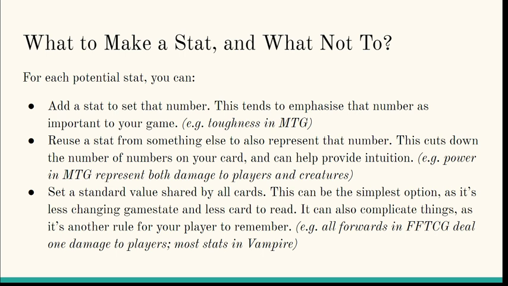And you often really only want about 2 to 4 numbers, which is about the right range for how many different numbers you want on a card, right? Like FFTCG has 2. Star Wars TCG has a lot. It has 5, right? Magic has 3.